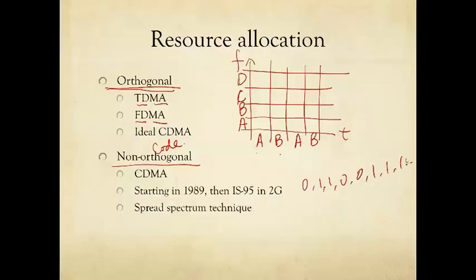And what I'll be doing is to multiply your digital information on a much faster scale with a sequence of ones and minus ones, what's called a code. And this code will scramble your transmission almost into a noise-like, random-number-like sequence. And only the intended recipient will have the right code to decode that message.